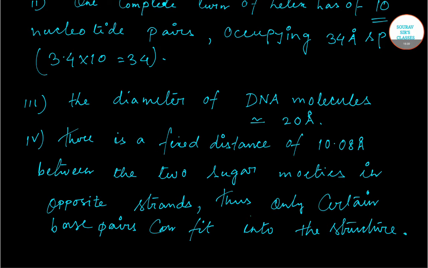That means not all base pairs can fit in the DNA structure. Only certain base pairs can fit into the structure in which there is a fixed distance of 10.08 angstrom between two sugar moieties in opposite strands.